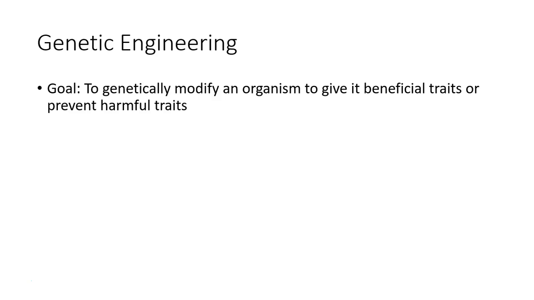So this could be used, for example, they have taken genes from fish that live in very cold temperatures and put them into strawberries. And so those strawberries are able to withstand freezing temperatures, or at least lower temperatures. Or this could potentially be used in human embryos to prevent genetic disorders such as cystic fibrosis.